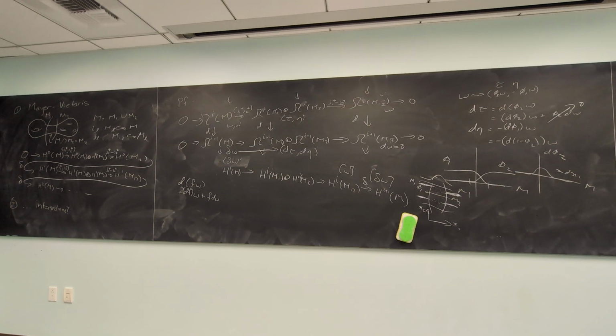In our calculation there, we showed that d eta was equal to d tau. Right? Correct. But they should only be equal at the intersection. Correct, because they're not defined elsewhere. Right. But d tau is not defined on M2 minus the intersection. So this formal calculation only shows that it's valid on the intersection.